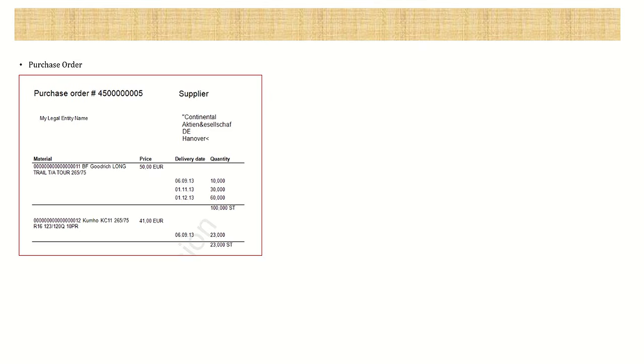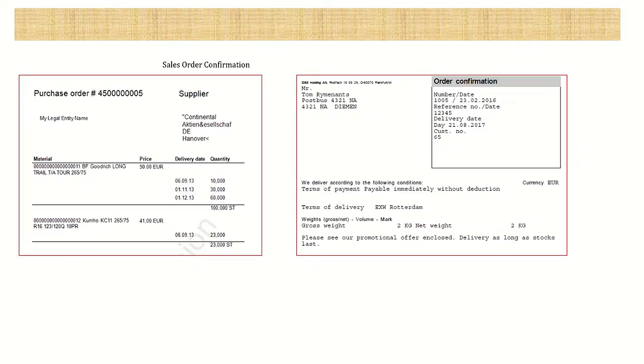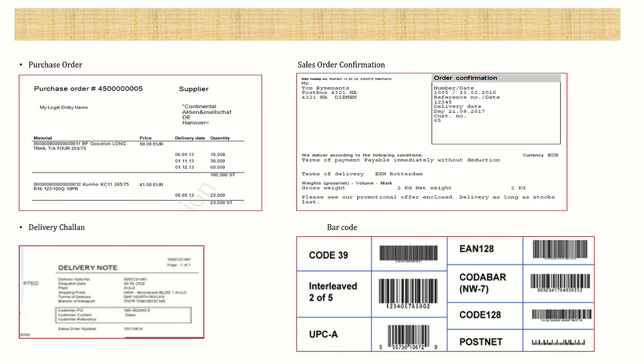So the purchase order is one of the documents. Similarly, we have the sales order. When any customer is doing the booking in our system, we are required to send the order confirmation. So for that, we design the sales order confirmation printout in SAP. Similarly, some other documents, like the delivery challan: when we deliver the material, along with the material we want to send the delivery receipts.